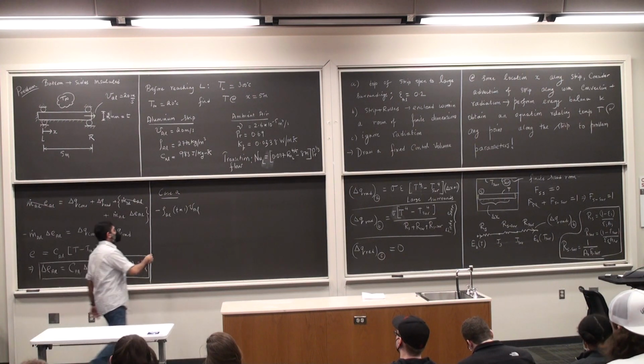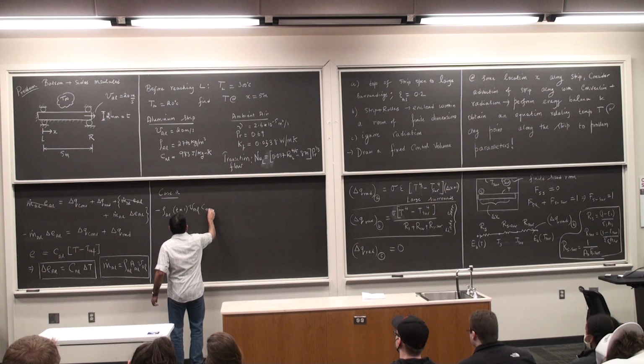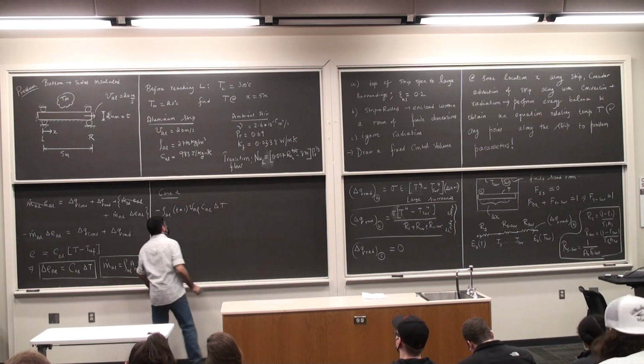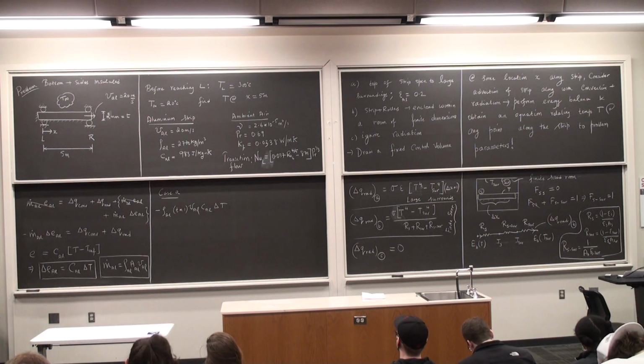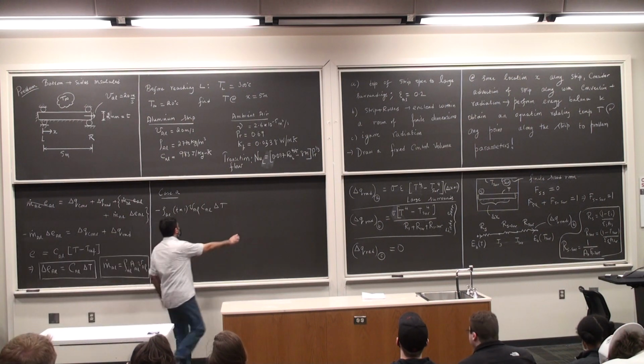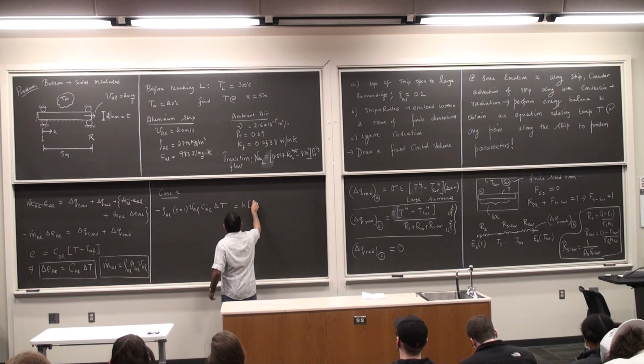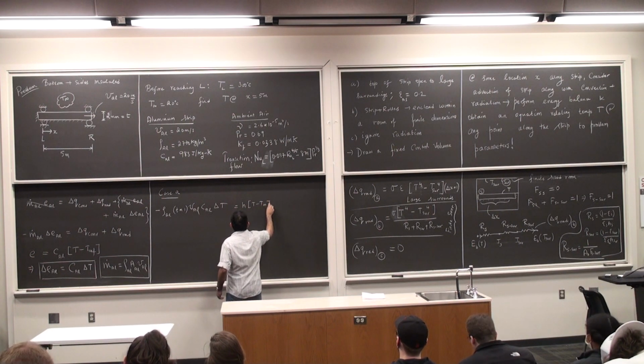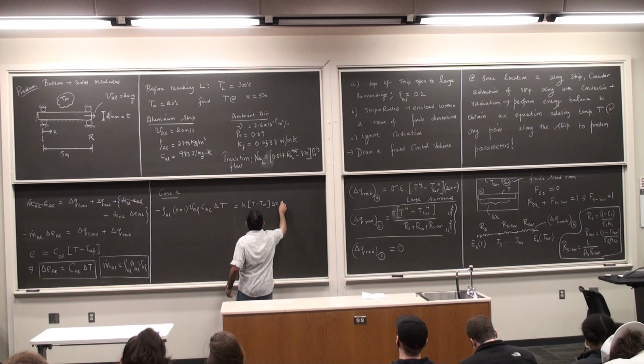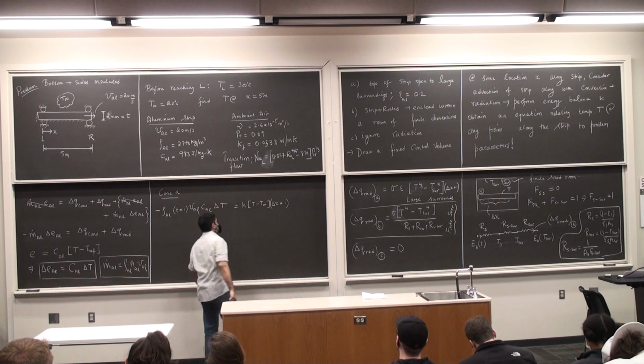Delta E AL is C AL delta T. This is equal to delta Q convection, which is h times T minus T infinity, delta x times 1.